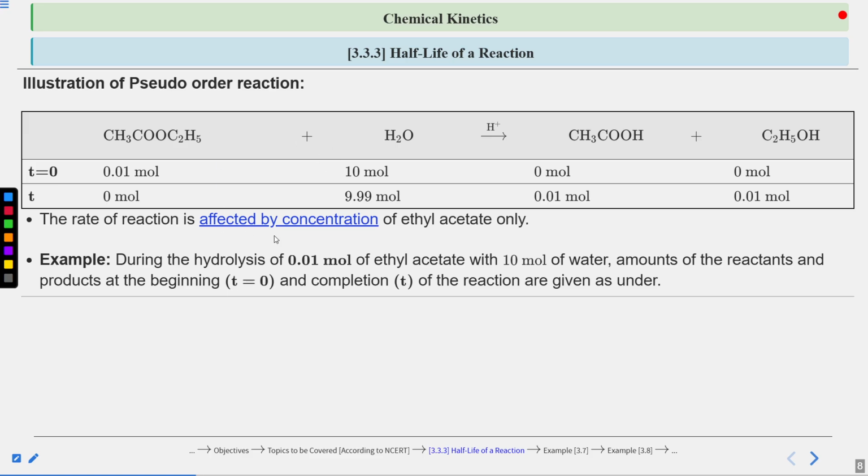This is the description, and you can clearly see that the ethyl acetate is properly consumed compared to the other reactant, the water molecule, so the concentration of water will not affect that much. That means the only thing that affects the rate will be the ethyl acetate concentration, which is diminishing properly after the completion of the reaction. That means from t equals 0 to t equals t, right?